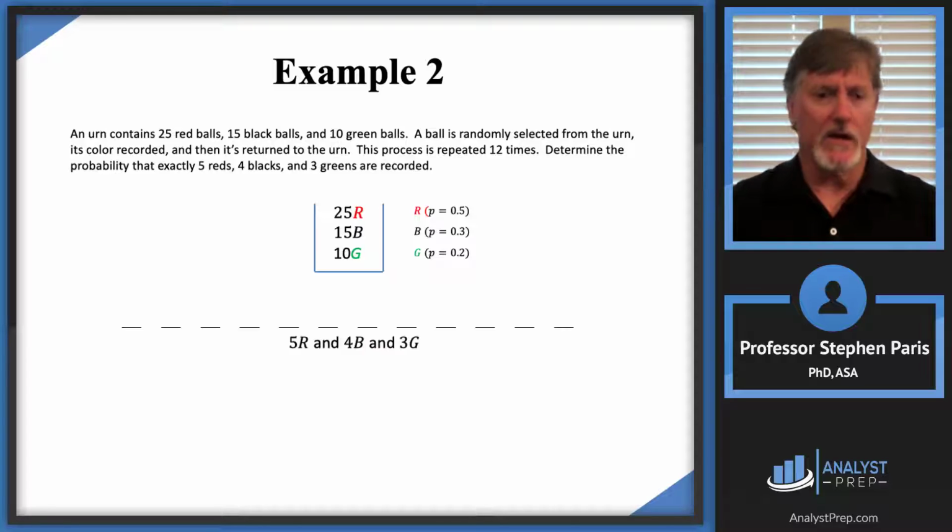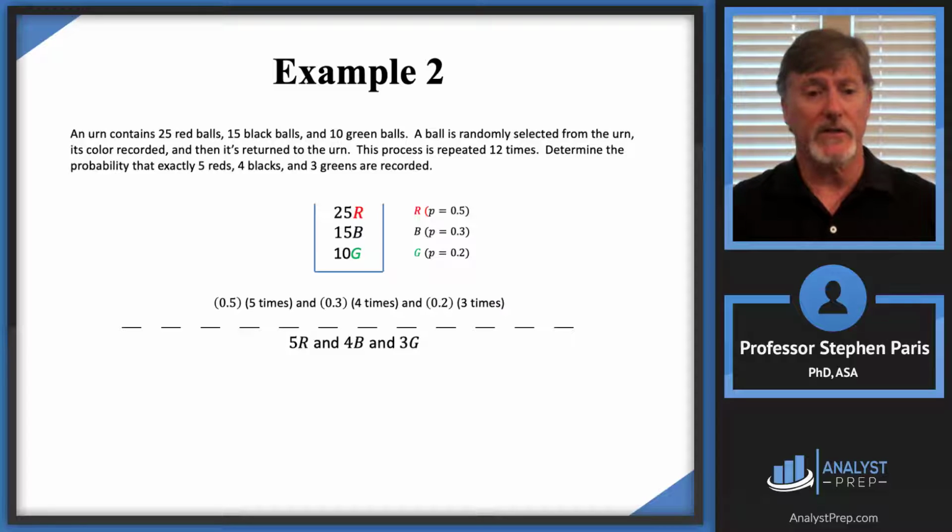Okay, so now I've got 5 reds, 4 blacks, and 3 greens listed out. Now I don't know which order they're in. That's the first part of the first example, to find the different ways of ordering. But I do know that for 5 of those selections there's going to be a red ball, and the probability of selecting that ball was 0.5.